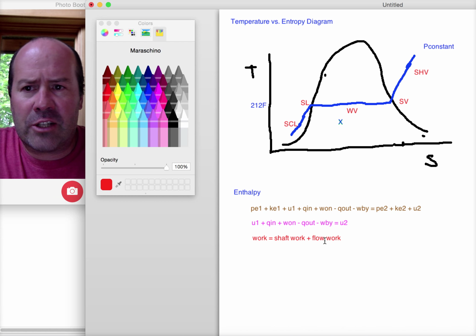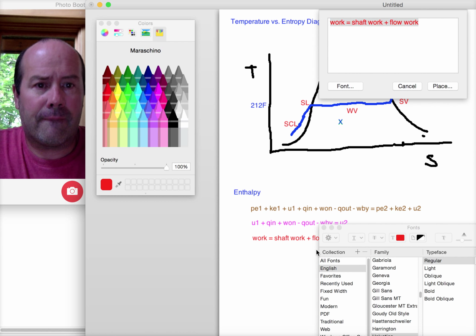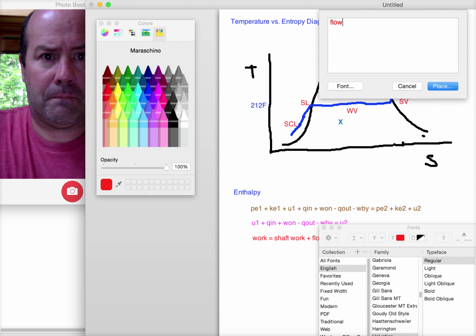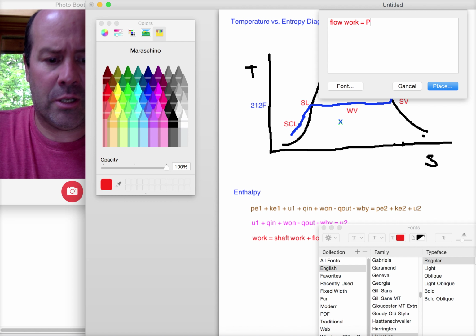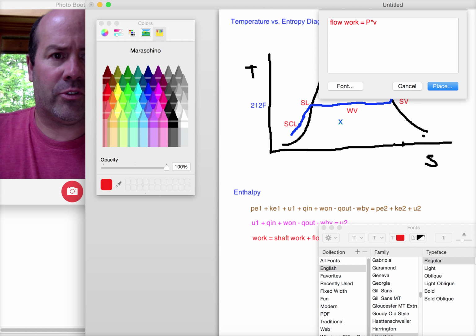Flow work is actually pressure times volume. Pressure times specific volume.